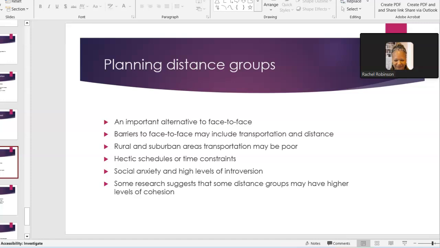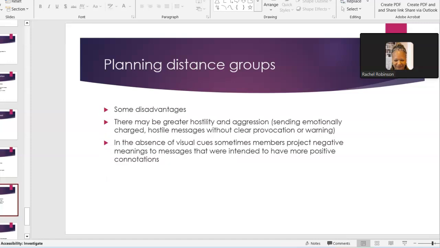People that have hectic schedules, or they only have a certain amount of time. For those who have social anxiety or are profound introverts, distance might work. So some distance groups can really function well, and people are really motivated to be in them.